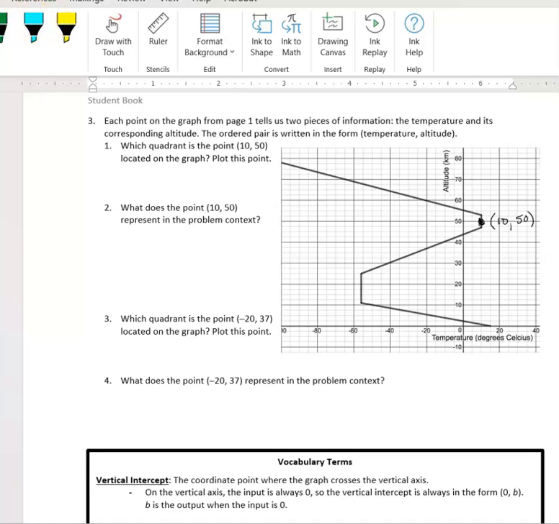Now, what does it mean? That would mean that at 10 degrees Celsius, because temperature is the input, the altitude is 50 kilometers above the Earth's surface.